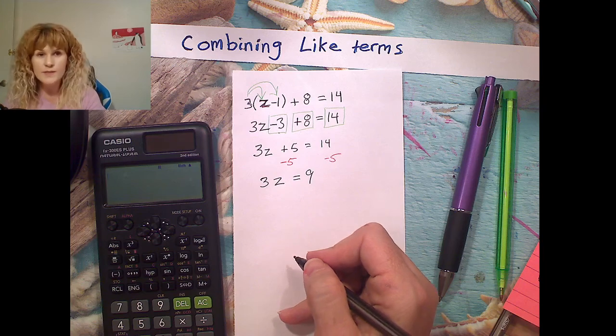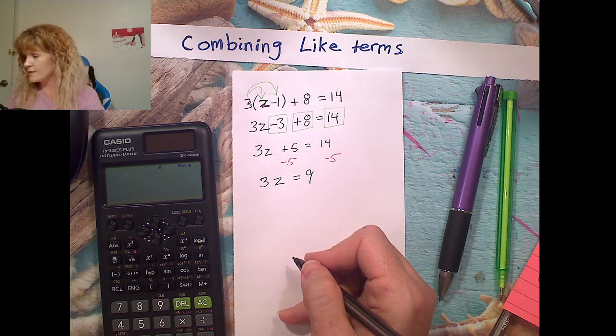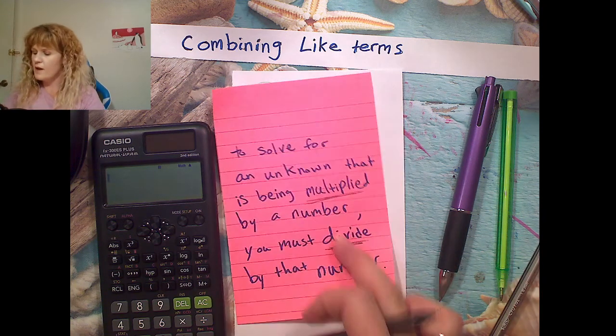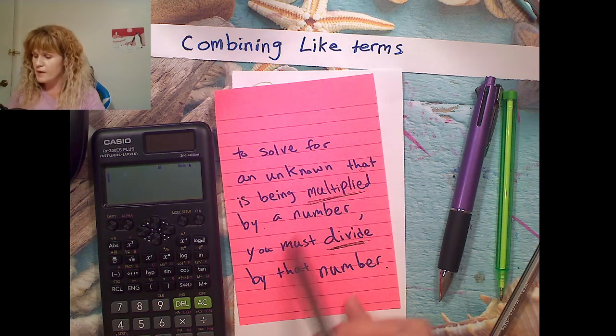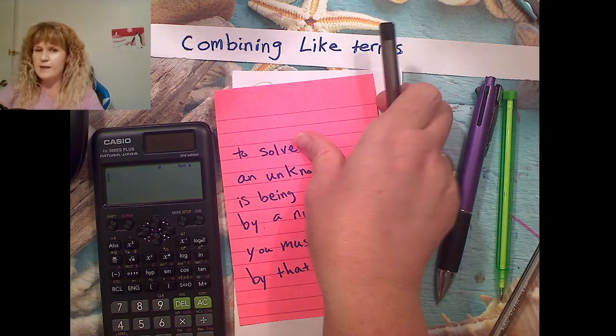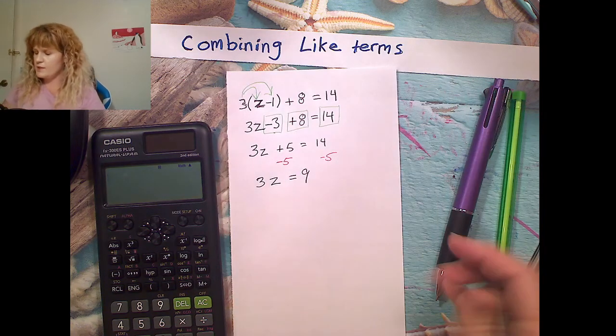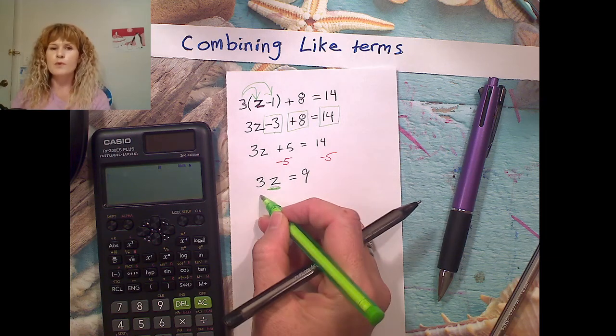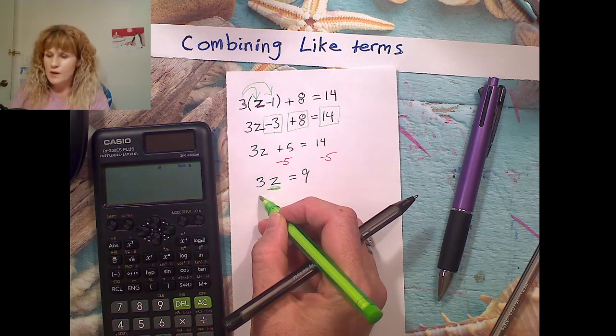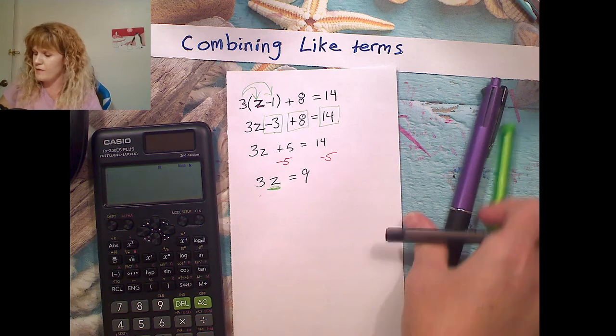And in my previous video, you remember what I said, don't you? To solve for an unknown that is being multiplied by a number, you must divide by that number. In this situation, the unknown z is being multiplied by 3. So we will divide by 3.